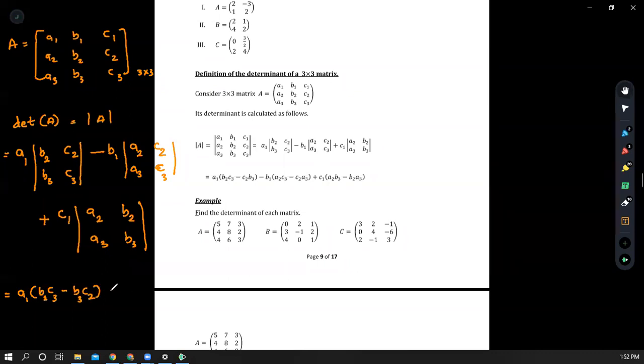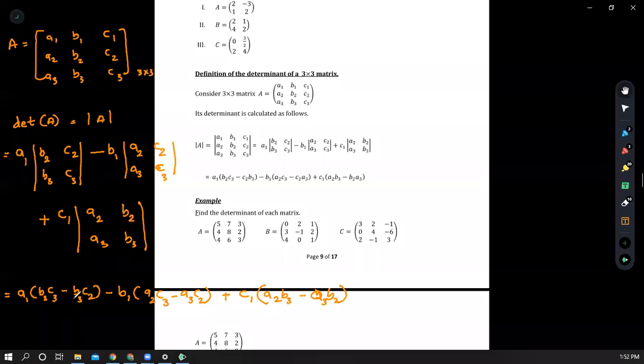Then minus b1 times a2 c3 minus a3 c2. Then this is added to c1 times a2 b3 minus a3 b2.